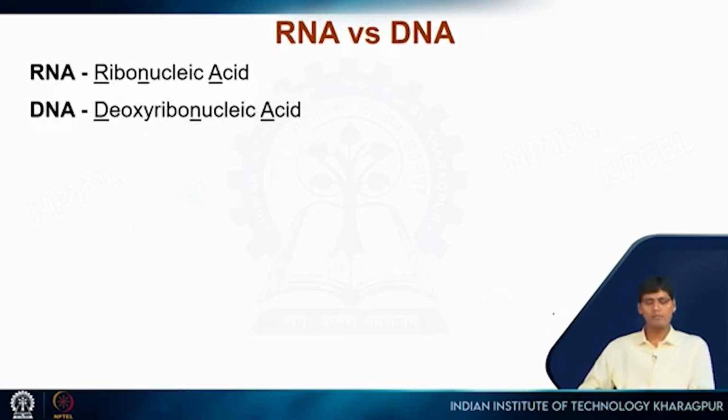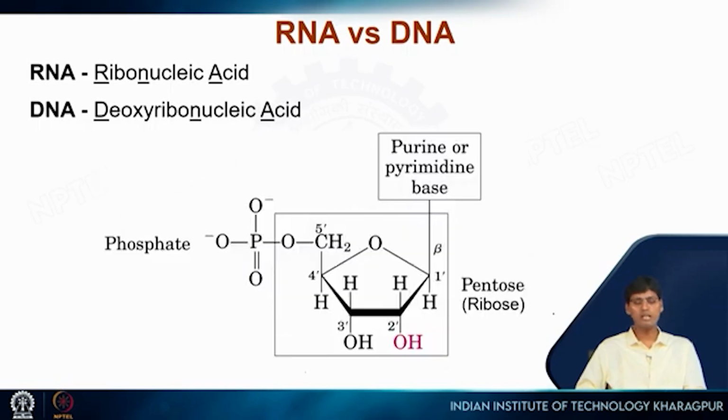And now, RNA versus DNA, what are the major differences in composition in case of DNA and RNA? So, the major difference is the sugar group, whatever sugar moiety is present. As I already mentioned, pentose sugar or the 5-carbon sugar is present in both DNA and RNA.